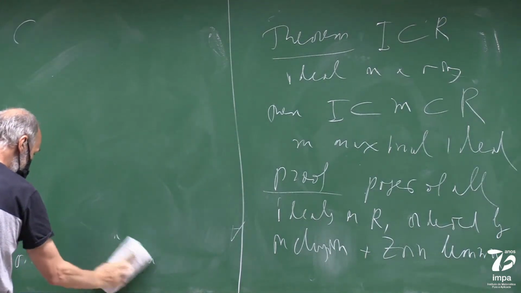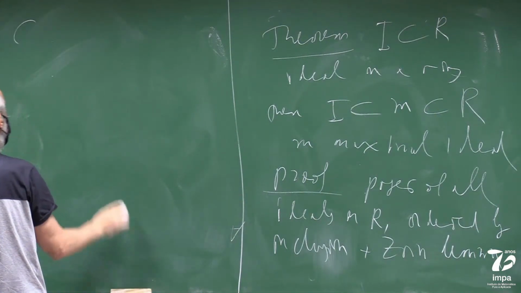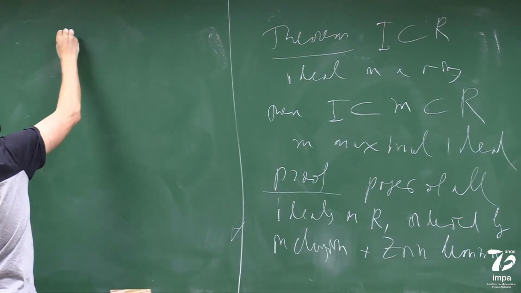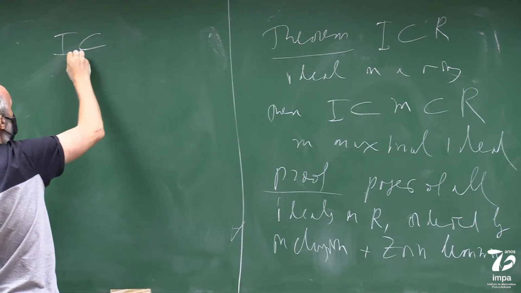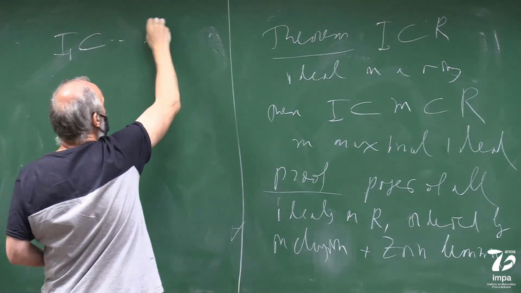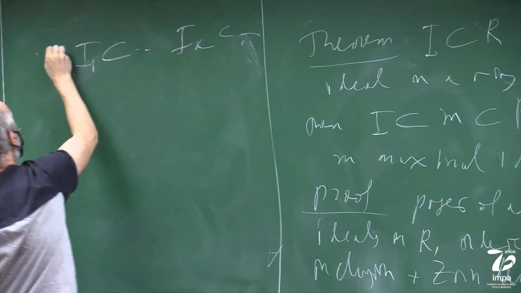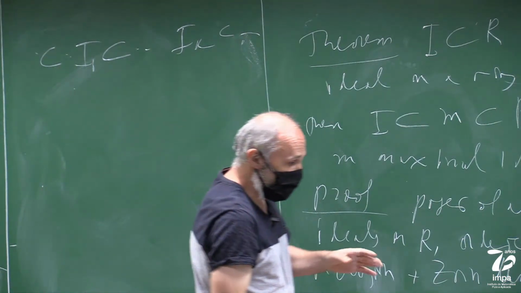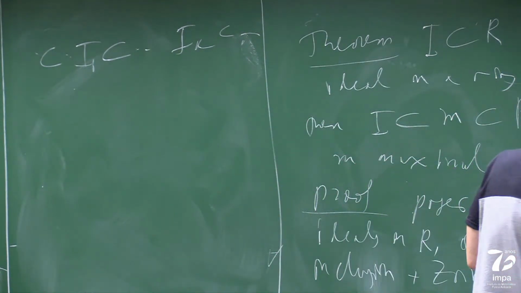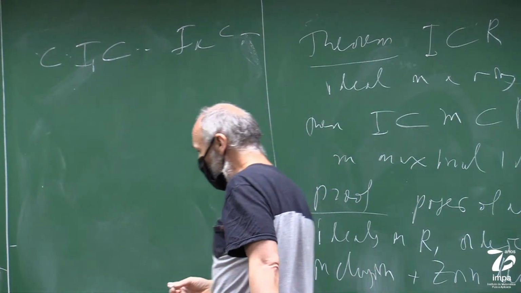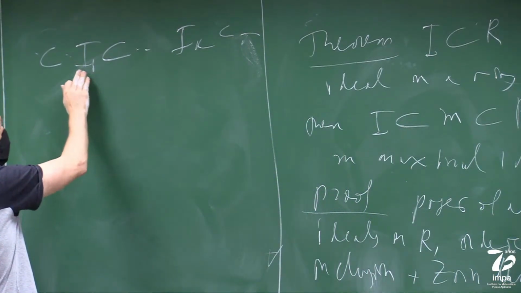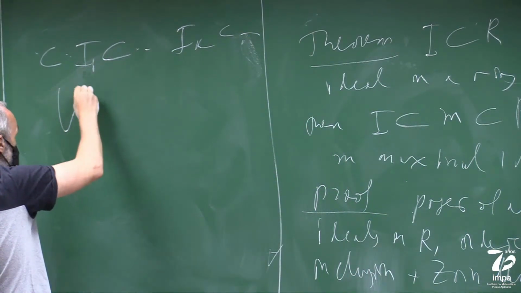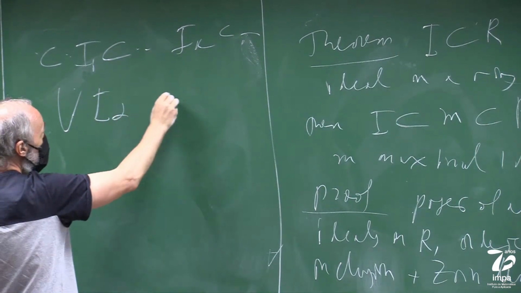So you have to check that if you have a chain of ideals, maybe like I1, ..., Ik, it can be infinite, it can be ordered by some very strange set, but it's totally ordered, every ideal is included in another, then the union of all these ideals is also an ideal.